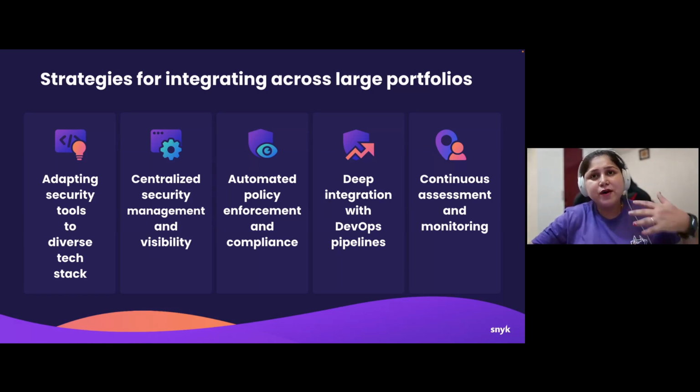Then we would talk about deep integration with the DevOps pipeline, where we talk about agile methodologies and the DevSecOps pipeline, integrating those checks with each component of the pipeline. So very, very important. Lastly, continuous assessment and monitoring, where we, let's say, consider a healthcare app. It is tasked with managing extensive patient records and highly sensitive medical information within the digital system.